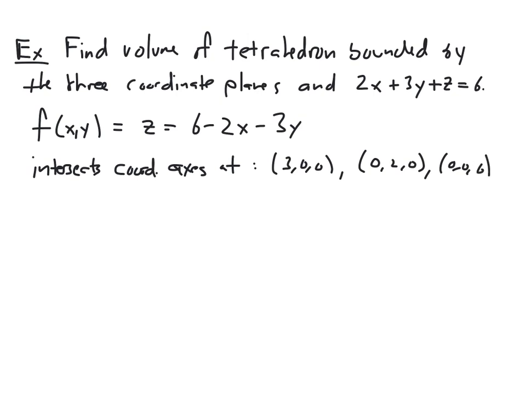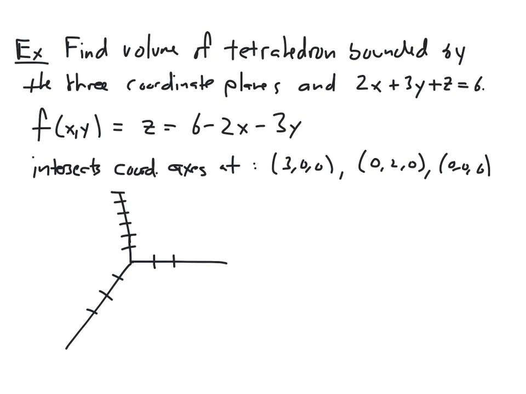And so we can come up with a rough sketch of our three-dimensional situation as follows. We're going to find the points 3, 0, 0 on the x-axis, 0, 2, 0 on the y-axis, and 0, 0, 6 on the z-axis.